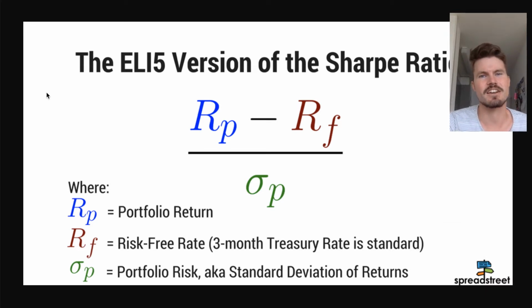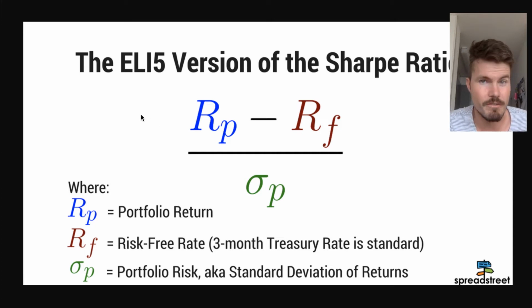So let's get started. First of all, I'll try and simply explain how to calculate the Sharpe ratio and try to keep it simple and easy. So here we've got the "explain like I'm 5" image of the formula, and the RP stands for portfolio return.